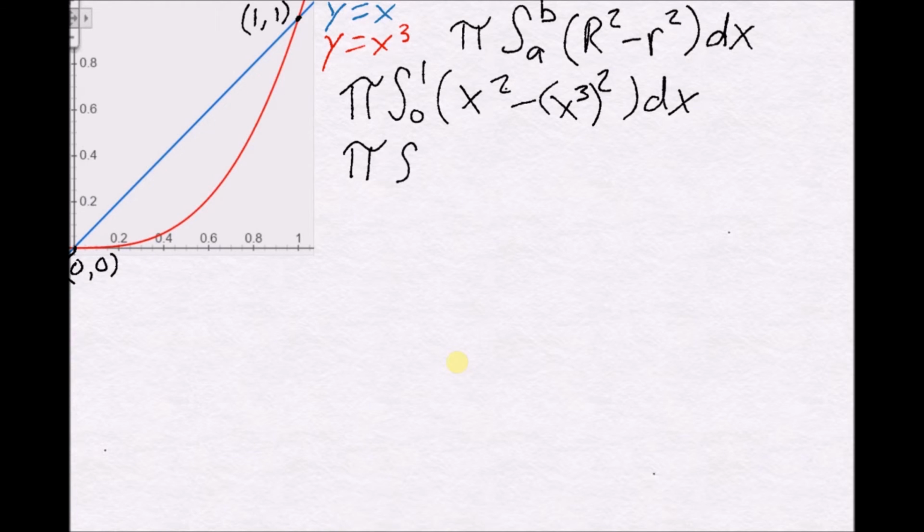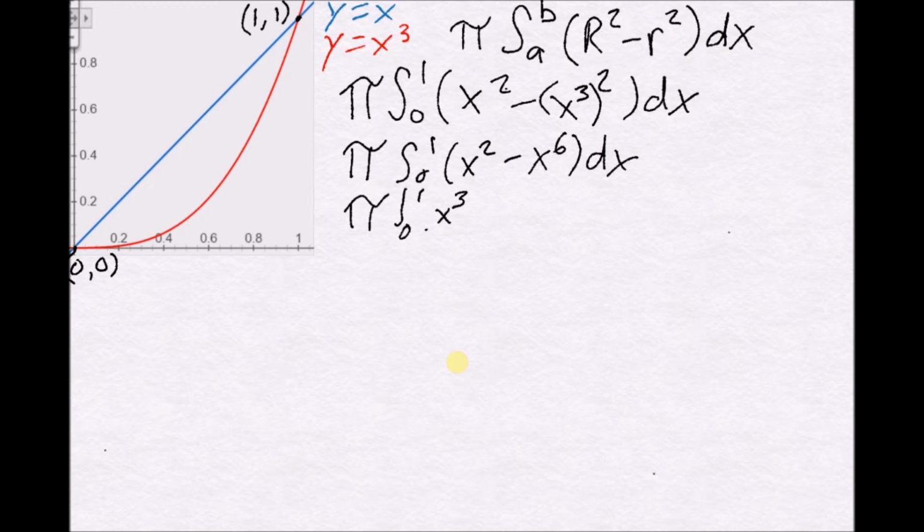So we're going to get pi times the integral from 0 to 1 of x squared minus x to the 6th dx. Now we're going to integrate. So we're going to get pi times, from 0 to 1, x to the third over 3 minus x to the 7th over 7.